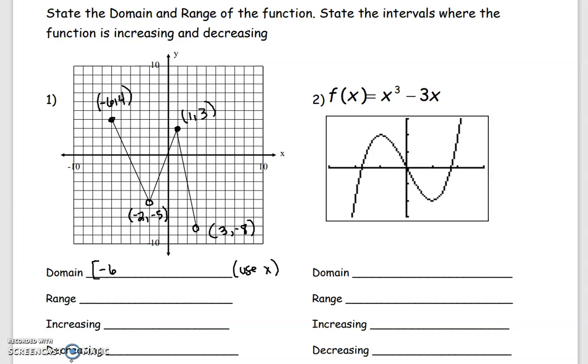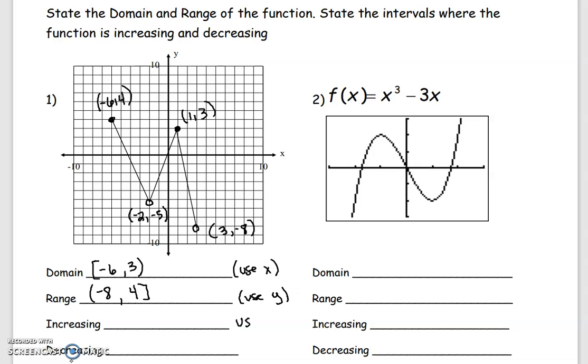And my furthest point right here, its x is 3, but it's an open circle, so I'm going to use a parenthesis. For my range, I'm going to use my y. So now I'm going to start from the bottom. What's the furthest I am down here low? I'm at -8. And it's again a parenthesis because it's an open circle. How is the highest point? I'm at 4, and it's a bracket because I am a closed circle there.